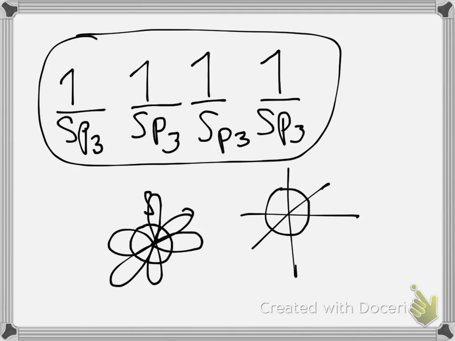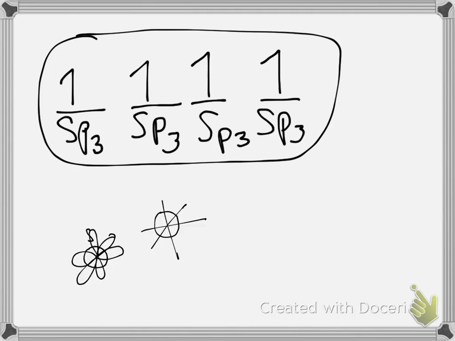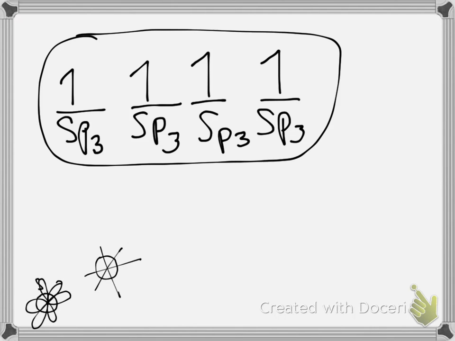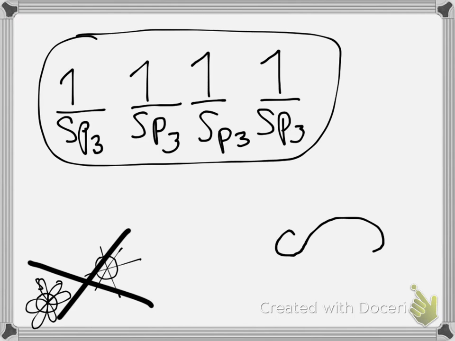Well, when we get rid of the individual s and p's, we'll cross those out with great vehemence. These sp3 orbitals look like this weird amalgam. So they don't look like an s, they don't look like a p anymore. They just look freaky. I will never ask you to draw them.